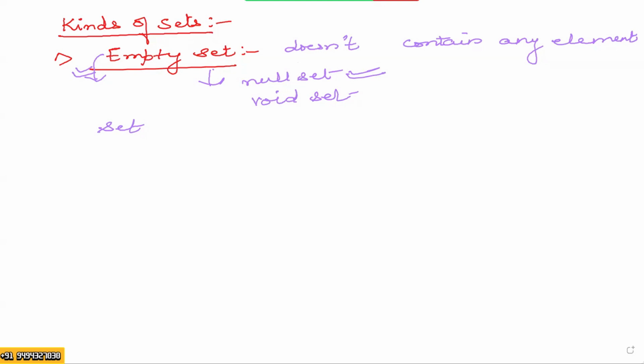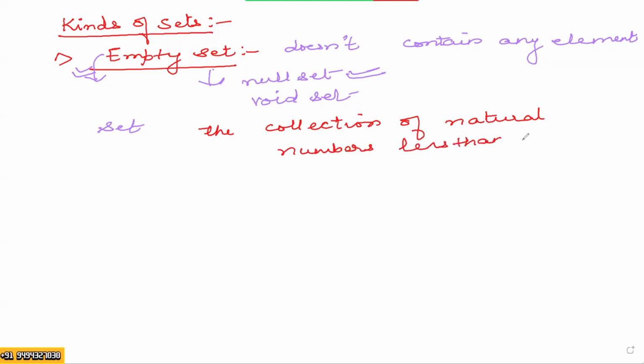In any set, the collection of natural numbers less than 1.